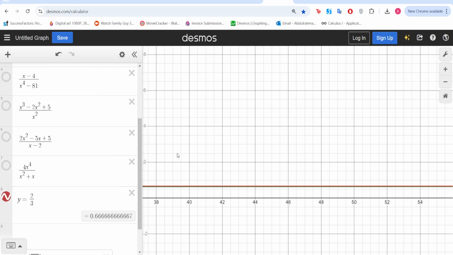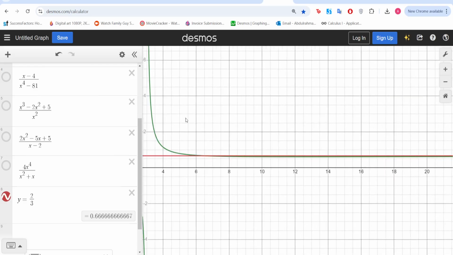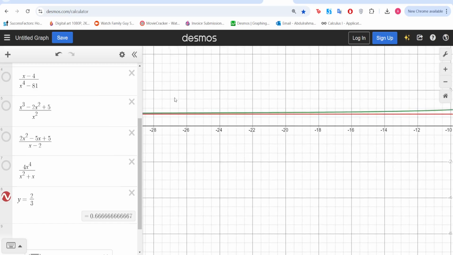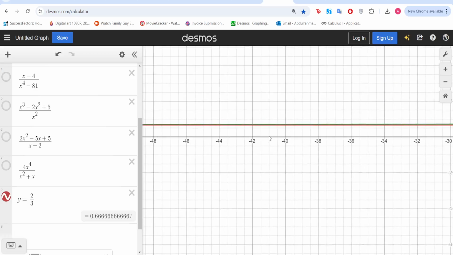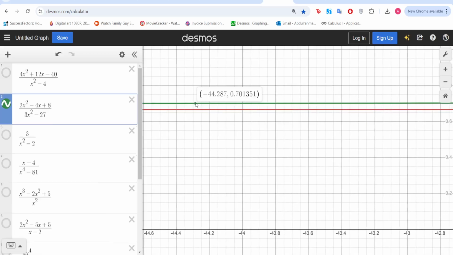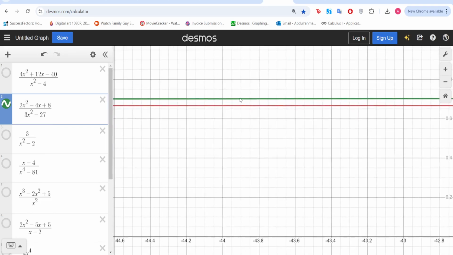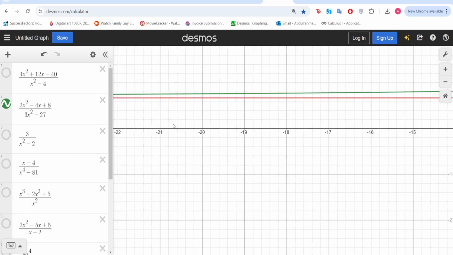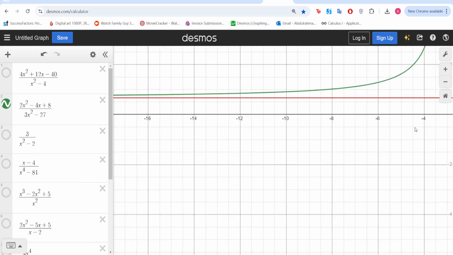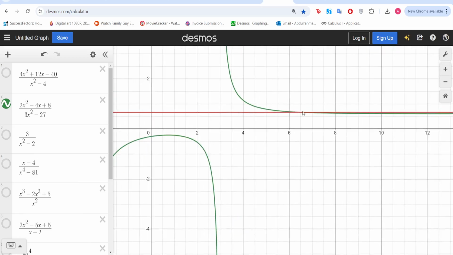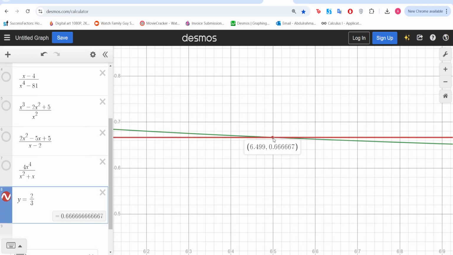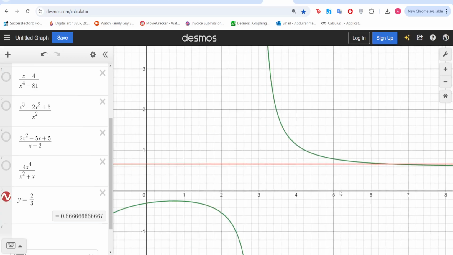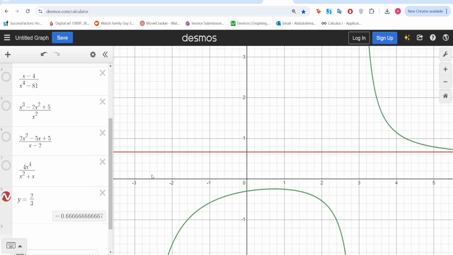What makes it a horizontal asymptote is that when I'm going too far to the right or too far to the left, the lines are converging and approaching each other. So a key difference is that a horizontal asymptote could cross the curve, and we saw that here. We actually touched our horizontal asymptote and there is no problem. However, vertical asymptotes are never ever touched by the graph.